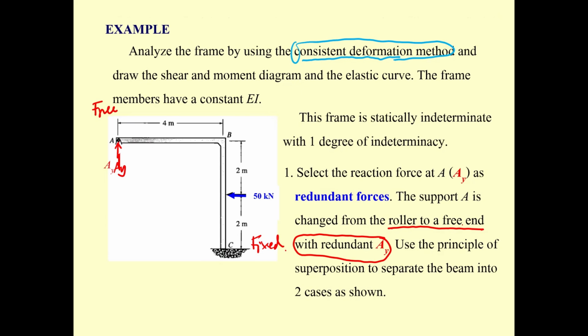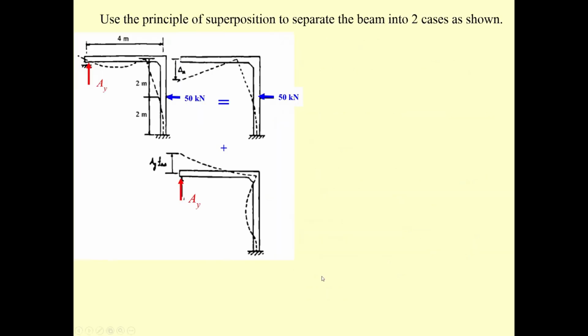And then by the principle of superposition, you just separate it. Now, as you said, I take the solution from the solution manual. Sometimes the solution manual is not correct. Sometimes the solution manual is correct.